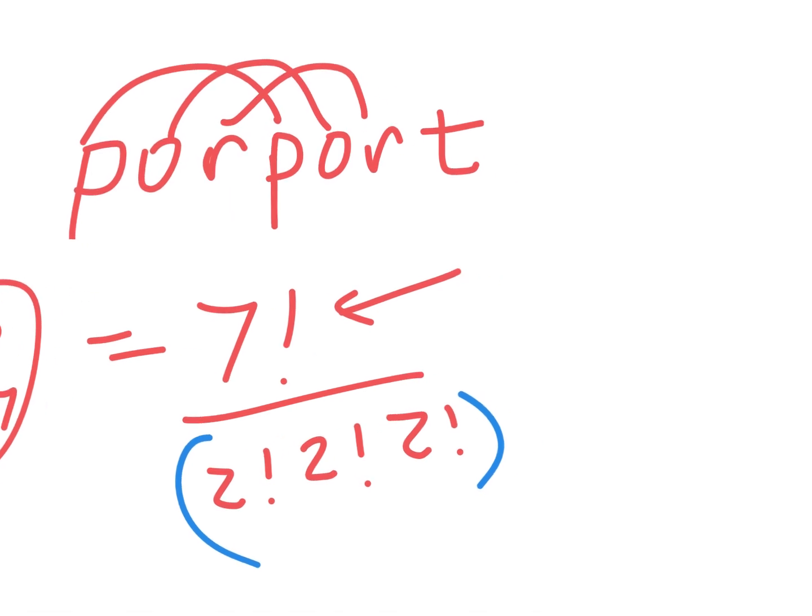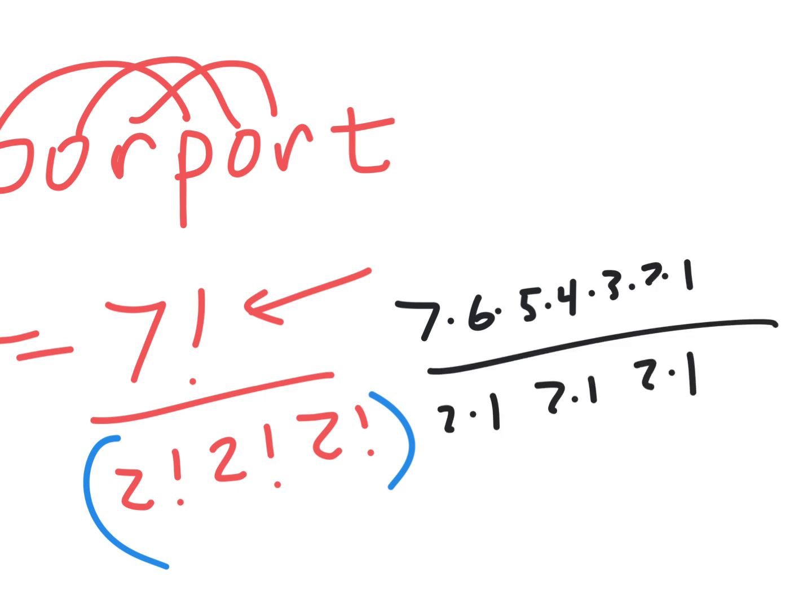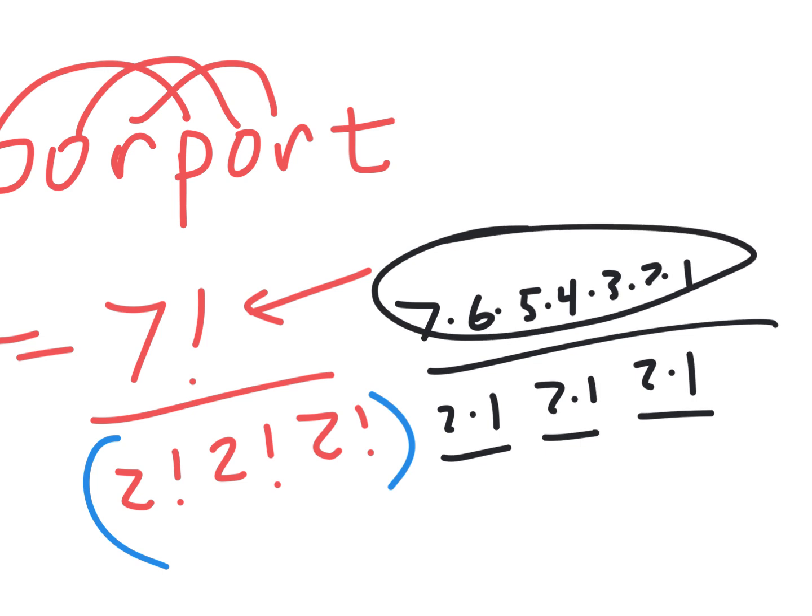It's pretty easy because 7 factorial is 7, 6, 5, 4, 3, 2, 1. And then 2 factorial is 2 times 1, and another 2 times 1, and another 2 times 1. And so 2 times 1 times 2 times 1 times 2 times 1 is going to be 8. And then all of that multiplied together divided by 8 would be my answer. All right.